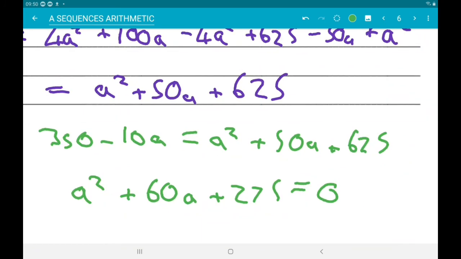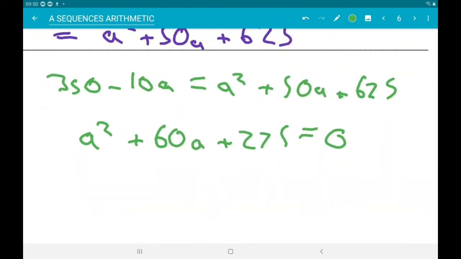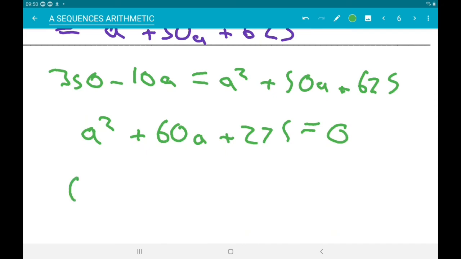Right, so now we need to factorize that, so we need two numbers that multiply to 275 that add together to 60. So it's going to be something to do with a 5. So 5 times 50 is 250, so 5 times 55 is 275, and they add to 60.